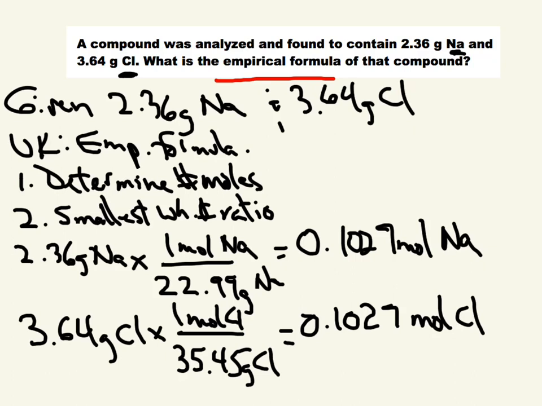So if we were given a percent composition in this problem rather than number of grams, in the case of sodium chloride, for example, that would be telling you I have 39.34% sodium and 60.64% chlorine.